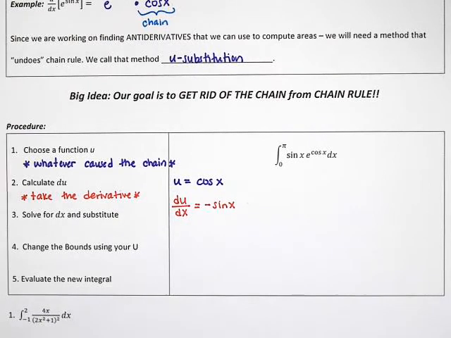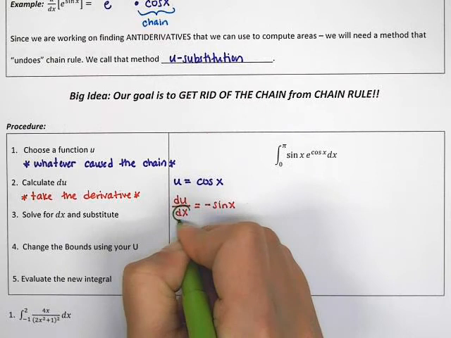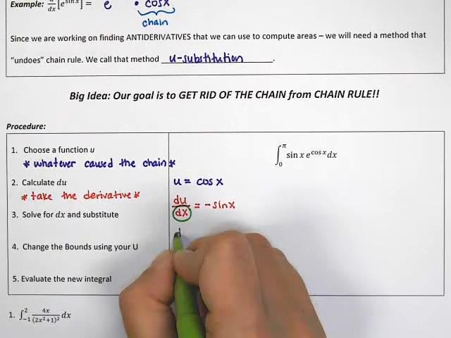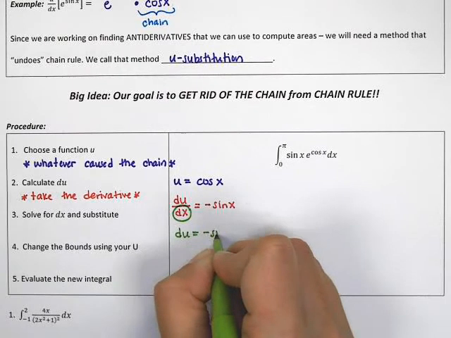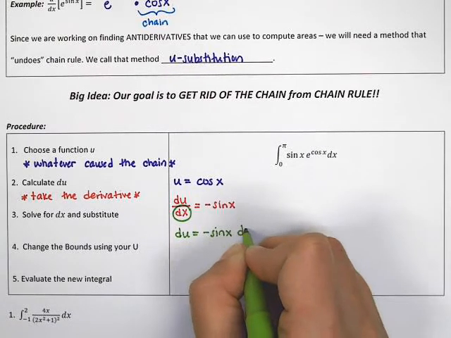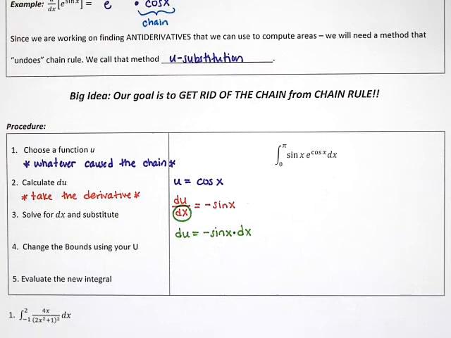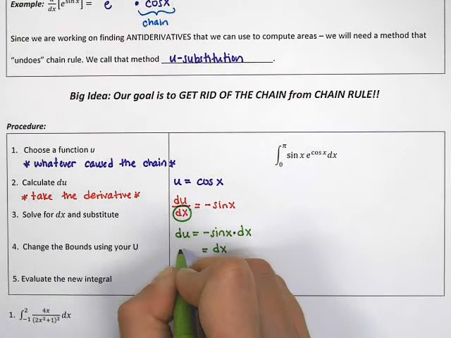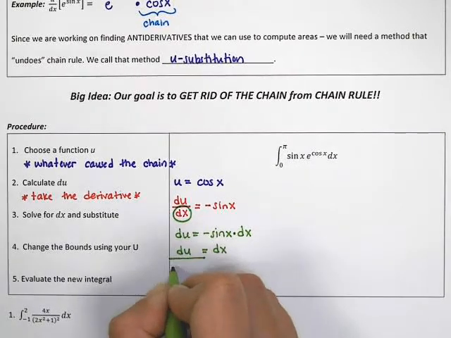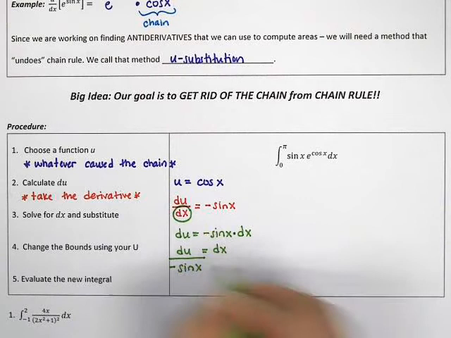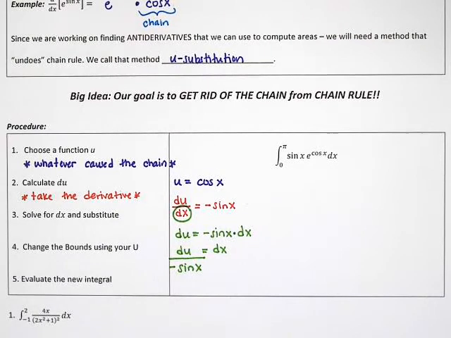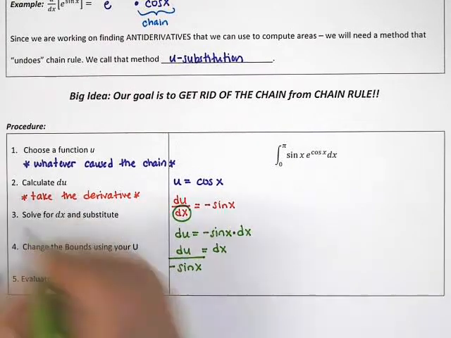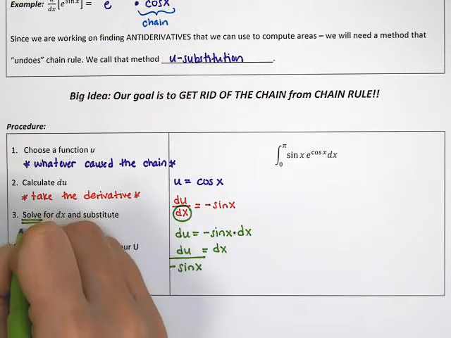So here's how we do that. In order to get dx by itself, I'm going to start by multiplying by dx on the other side. So I'm going to have du equals negative sine of x times dx. Then I'm going to divide by negative sine of x. So I'm going to have du divided by negative sine of x. For this step, you have to actually solve an equation.